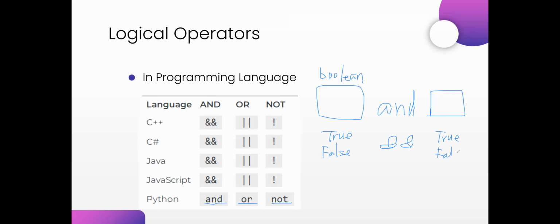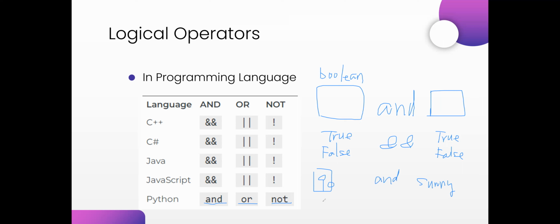So for example, if you got 90 points in the final exam, and tomorrow is a sunny day, you can go out to play, okay?